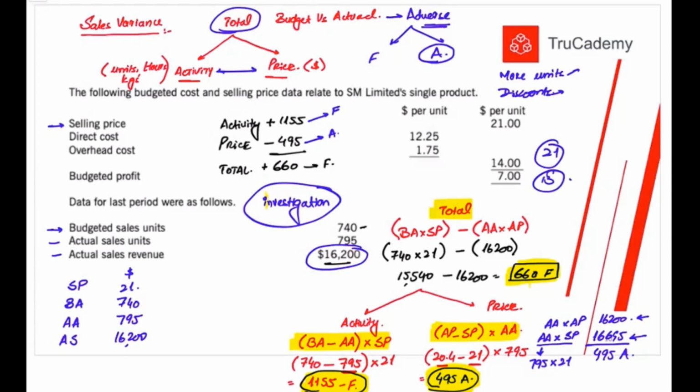So what is needed here? Variances are dependent upon each other. A true favorable variance, a good variance, is where activity and price are both favorable.